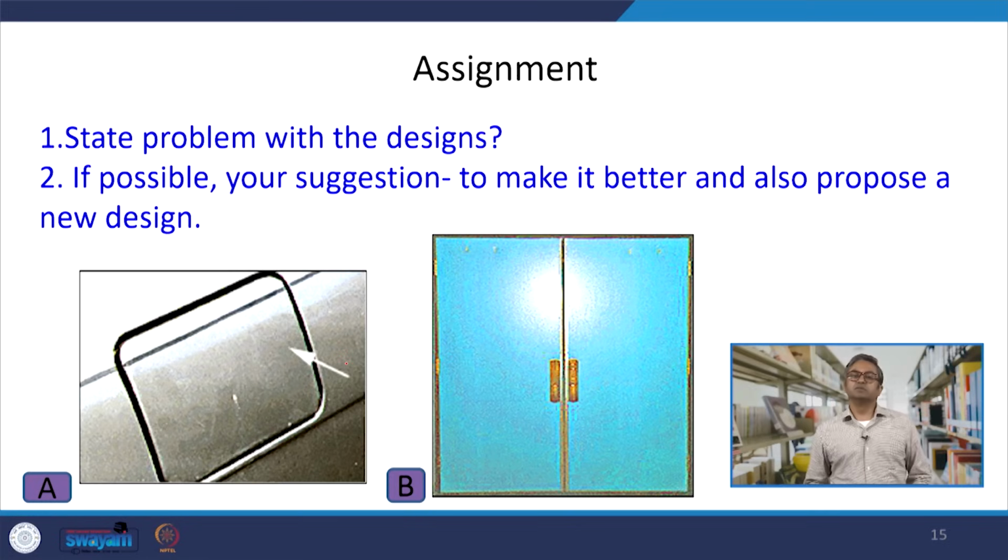But what you see on your screen: on one side, picture A, is the petrol or diesel tank of a car. And the second image is a door, a simple door of a conference hall, of your house, of a marriage hall, probably. What is the problem in these two?